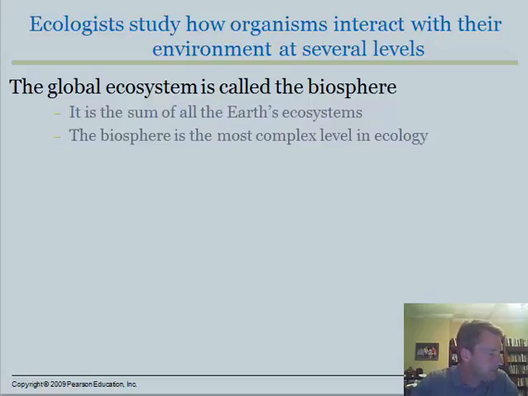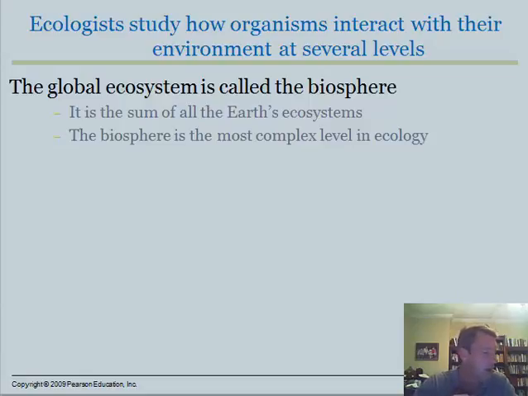All right. Now, in ecology, we have some different areas. We can study these interactions, how animals, plants, fungi and bacteria interact and work in a food chain and all that.